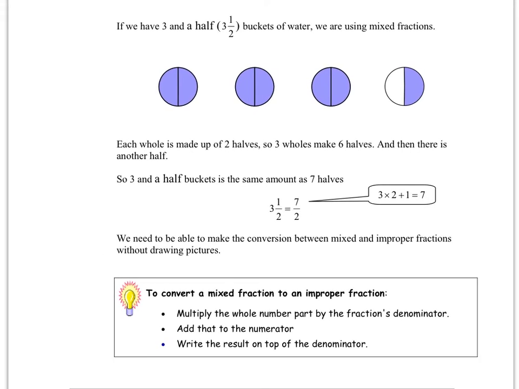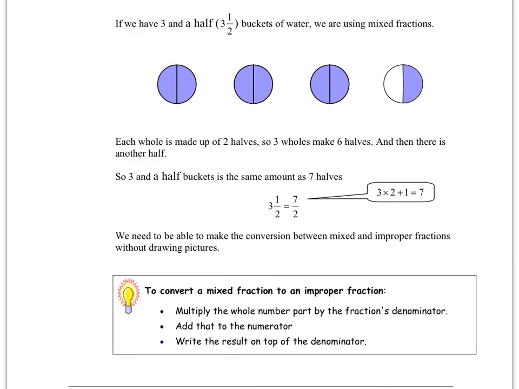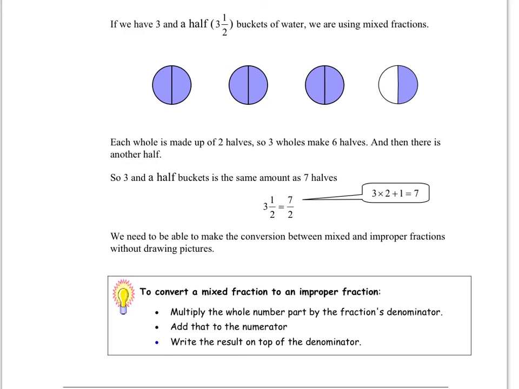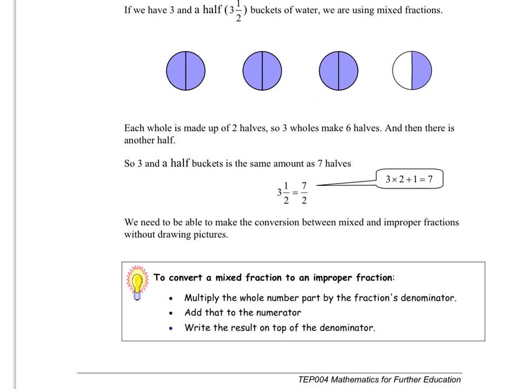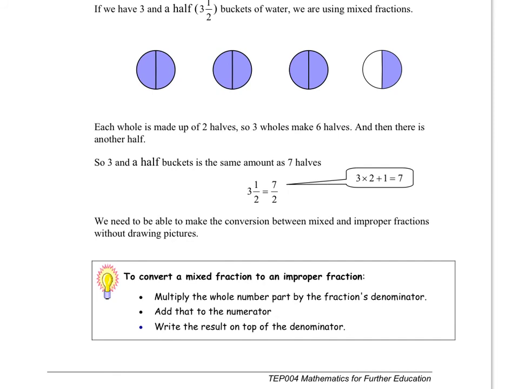So we can say that 3½ is equivalent to 7/2.